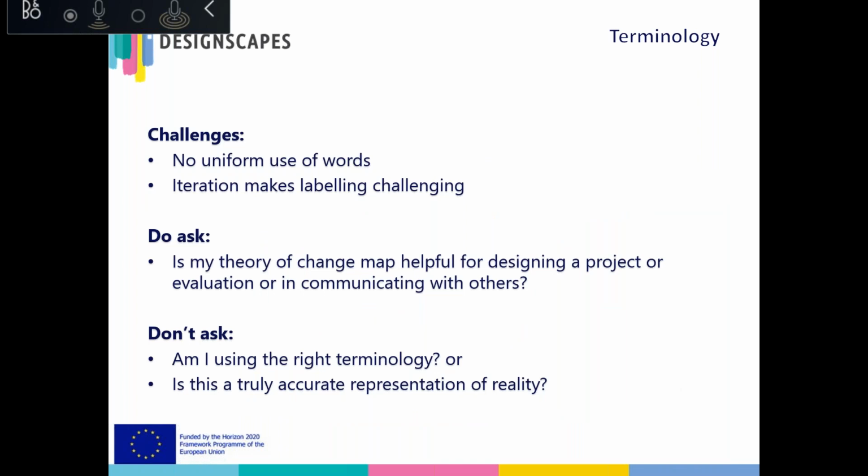You might find, and those of you who have done theory of change before, it's a classic when people really get stuck and worry about the terminology. So what is the difference between an input and an activity, or an output and an outcome? And I'll be honest with you, when we were drawing up the case example, I got a bit stuck on, oh my goodness, like we both did.